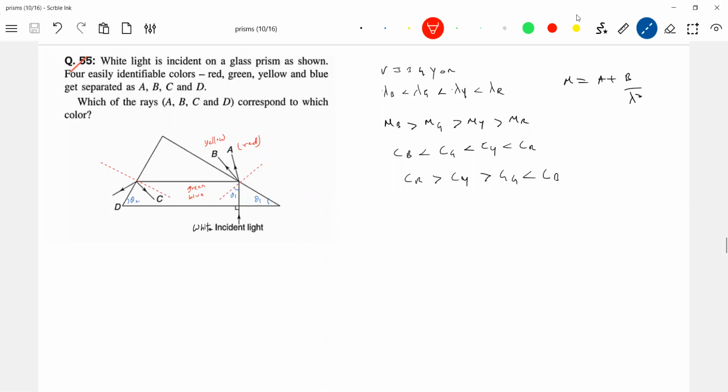Look carefully now. The critical angle for green will be greater than the critical angle for blue.